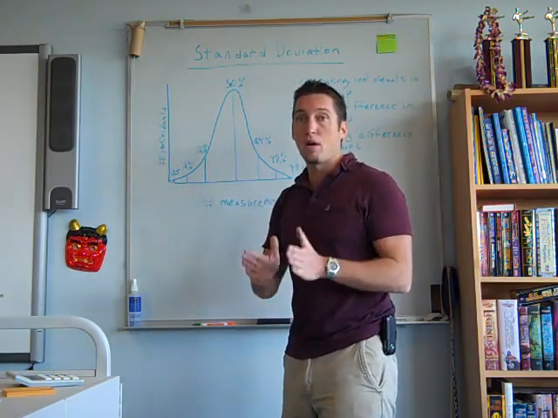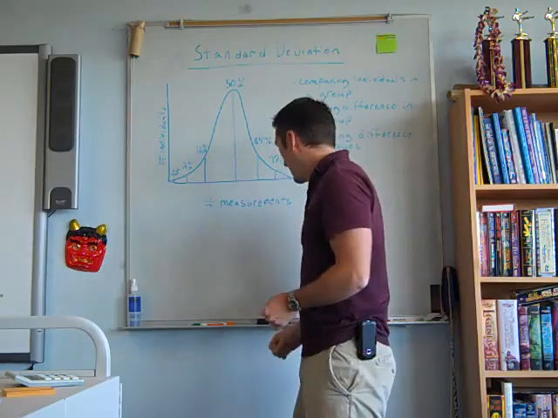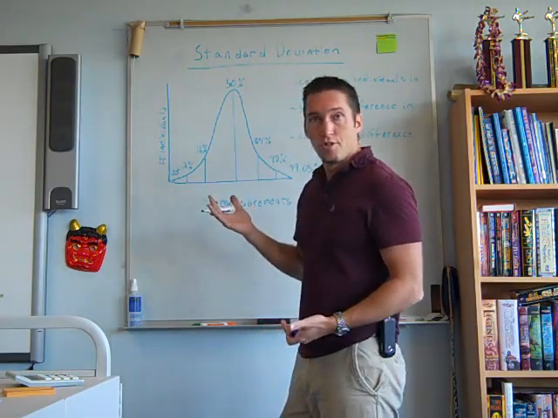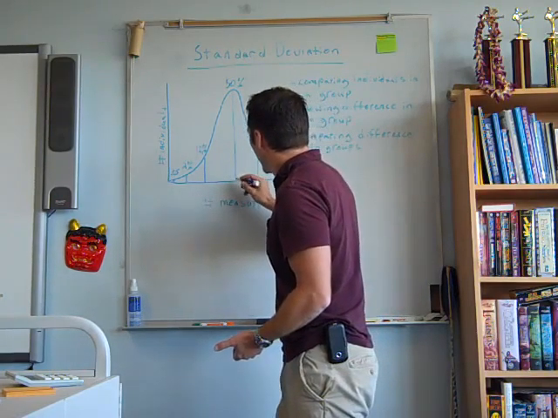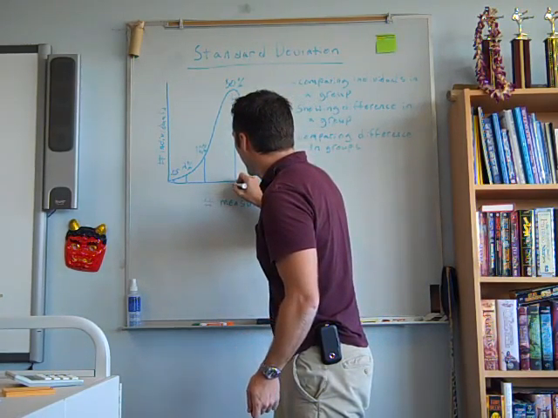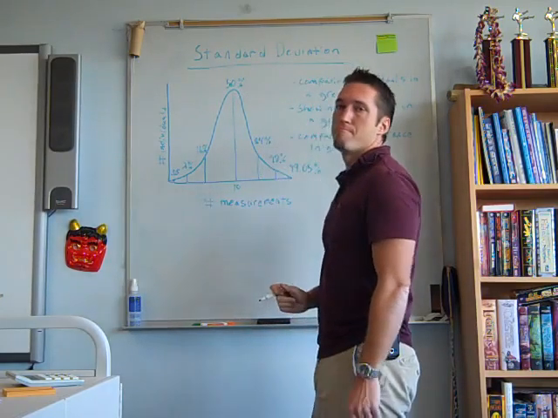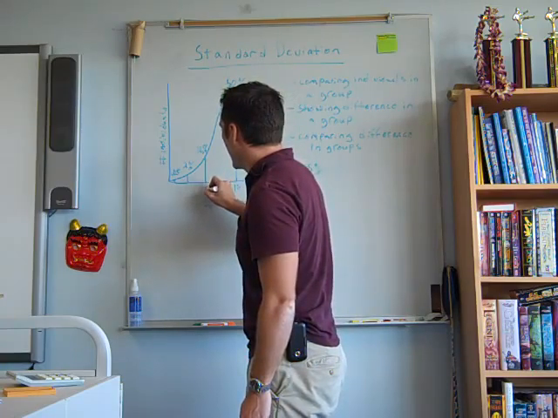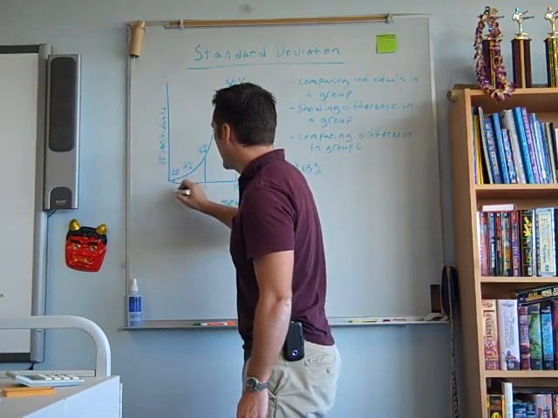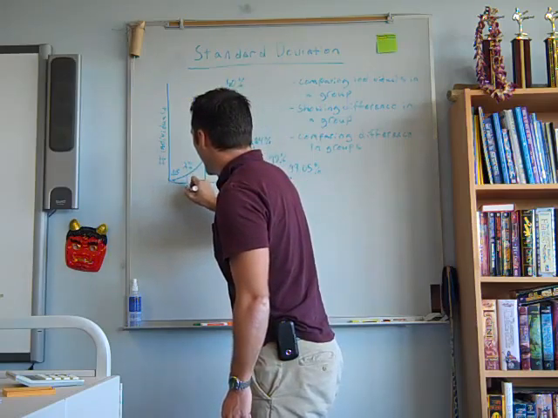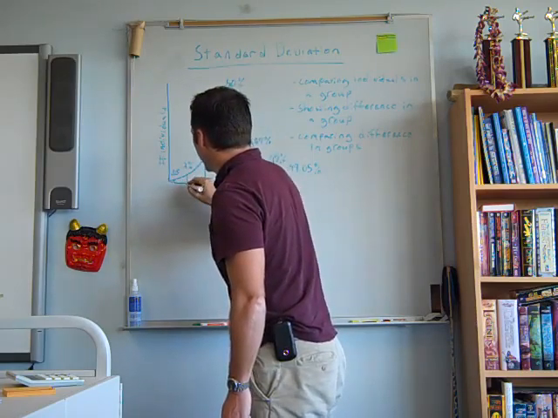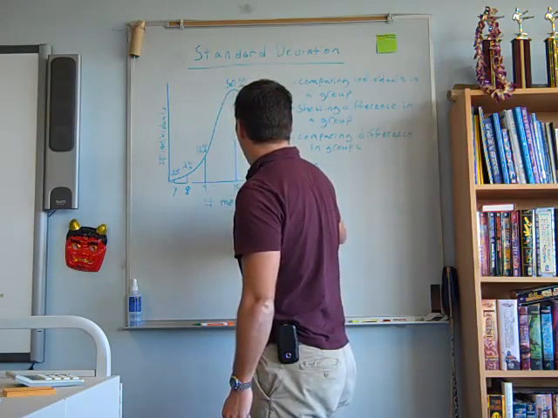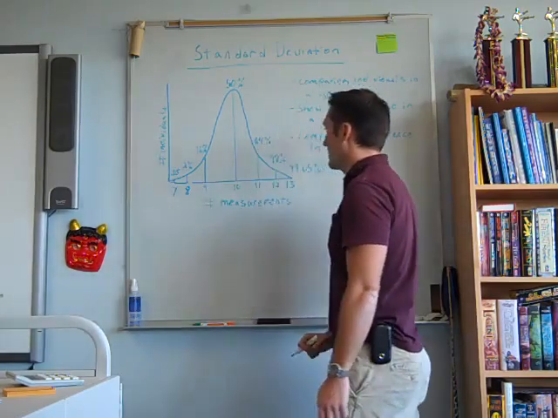If we're going to measure beans, here is what we could do. Let's say that the average of all of our beans is right here. We'll call that 10. We'll make it easy: 9, 8, 7, 11, 12, 13.